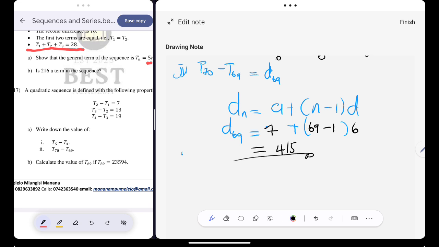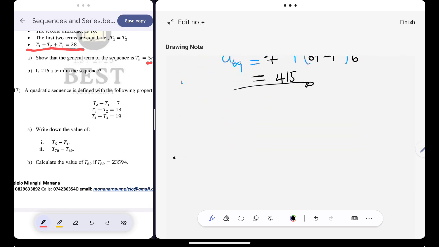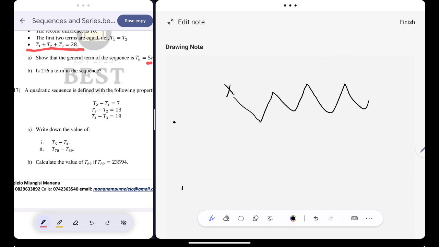Are we together, guys? And then B, they want us to find the value of the 69th term of the quadratic sequence if the 89th term is equal to that. We know that we don't have the terms of the quadratic sequence. We only know the second and the first difference.